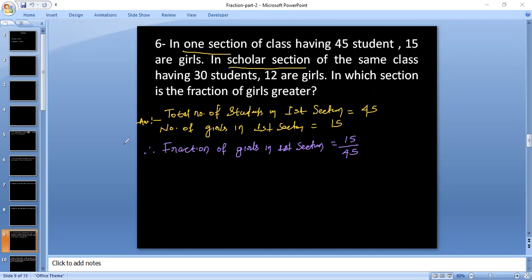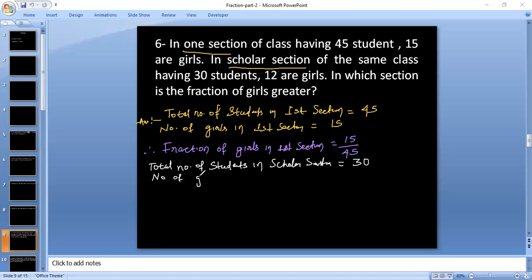In the scholar section, total number of students is 30. So total number of students in the scholar section is equal to 30.